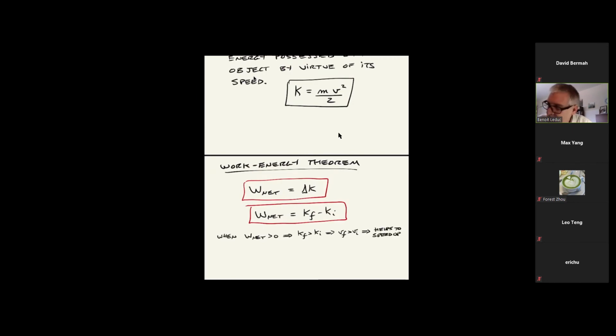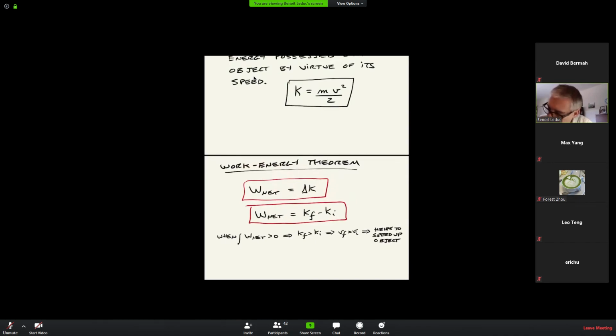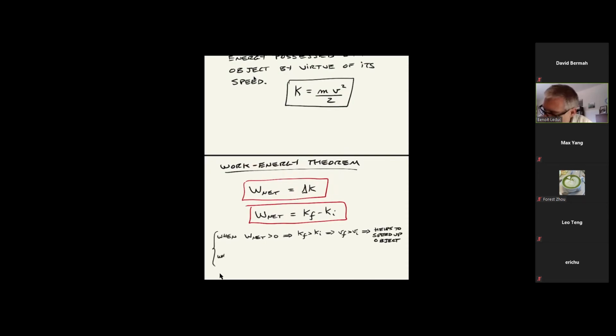In contrast, when the net work is negative, then the final kinetic energy is smaller than the initial kinetic energy.